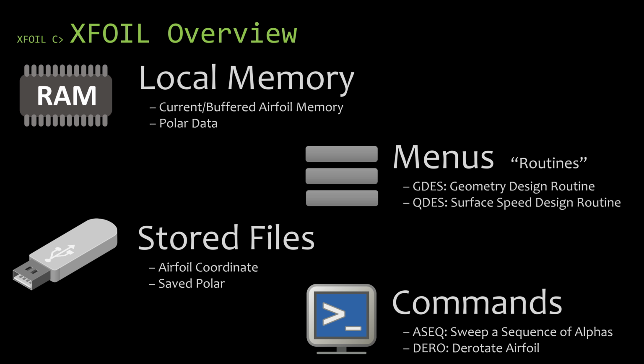Of course, this big picture view can sometimes be very hard to get because Xfoil is actually a command line prompt software as opposed to a graphical user interface software.